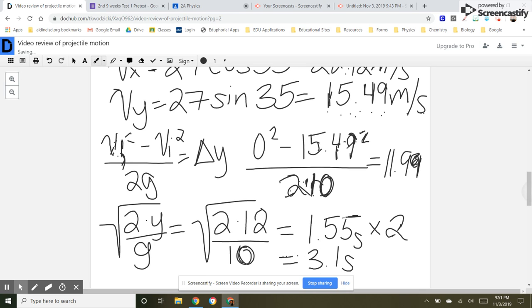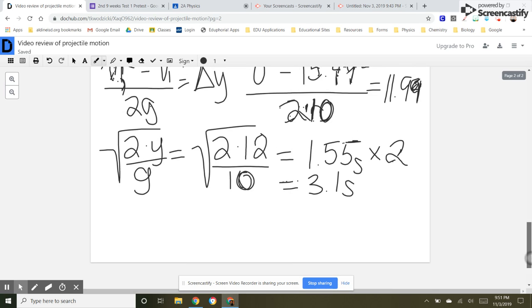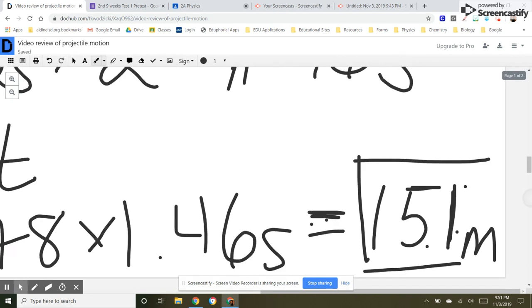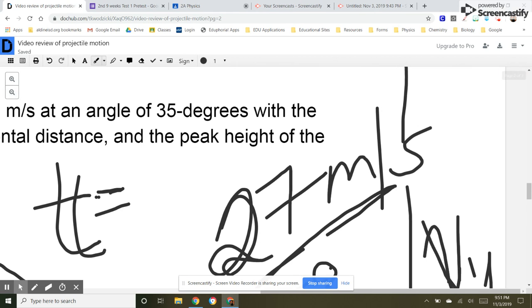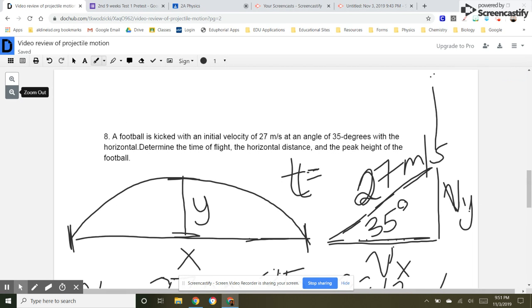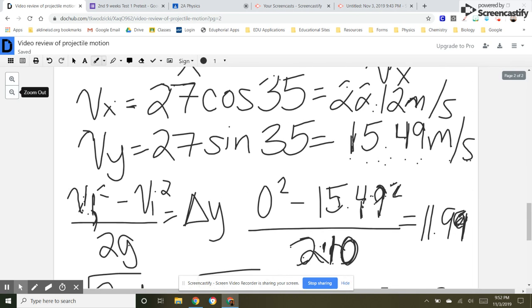Okay, last bit, to get the horizontal range, we do our horizontal range formula, x equals Vix times t, which is equal to, this is where we go back and we find out what we calculated for Vx.